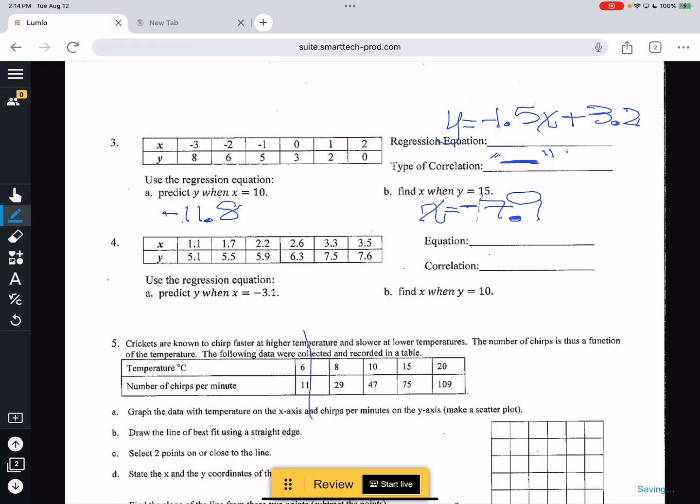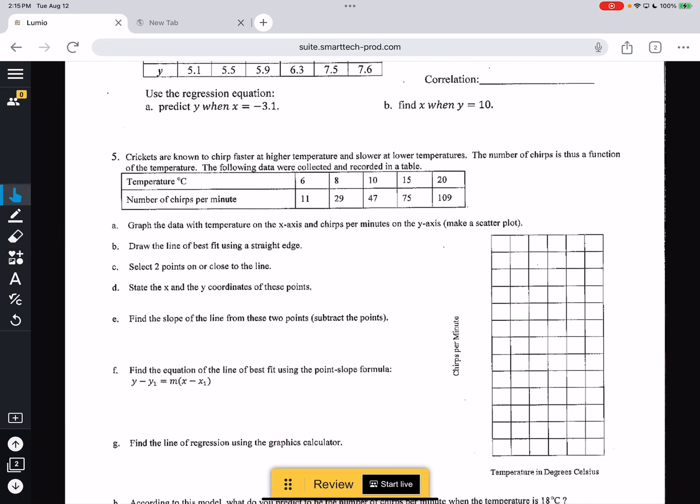I really wanted to do number 5. Run down to number 5. We're going to graph the data with temperature on the x-axis. So what are we going to use for our x values? I counted by 5s: 0, 5, 10, and just for space, I did 15, 20, 25.